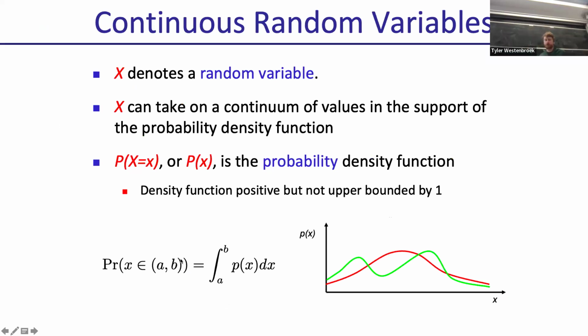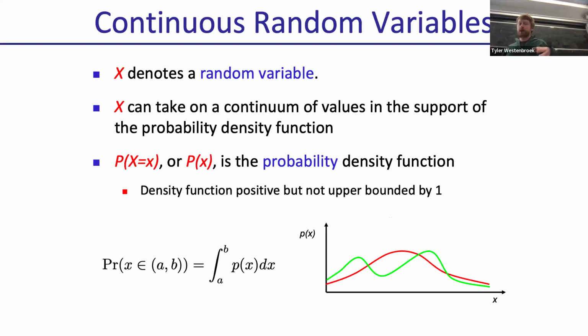For continuous random variables, X can take on a value anywhere in some interval. For example, this can be my position in this room. Sometimes people break the room up into a number of discrete grids and say which grid you're in, but you can also represent this by a number: I'm this many meters from that wall and this many meters from that wall.